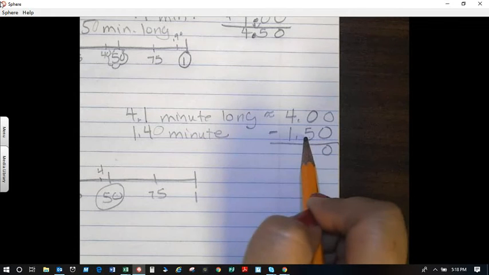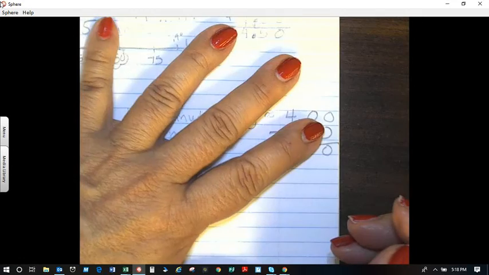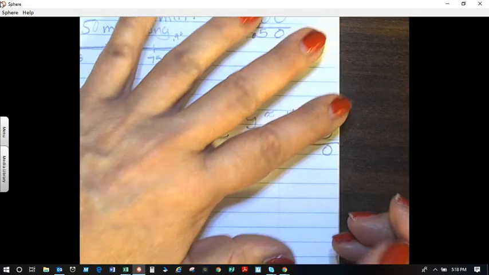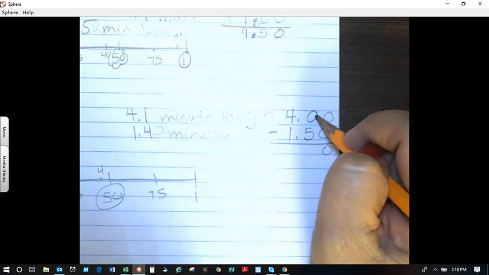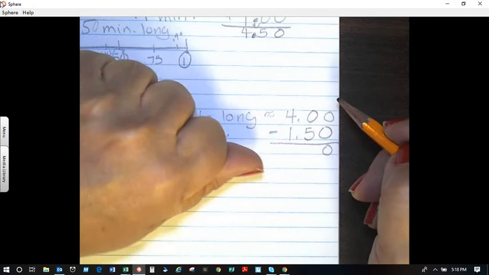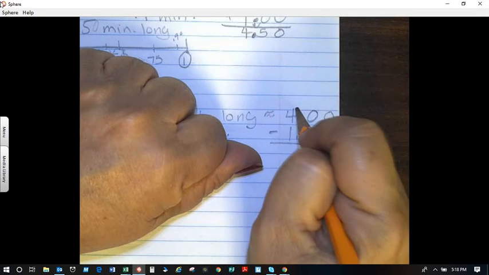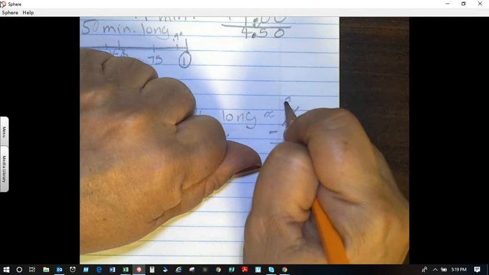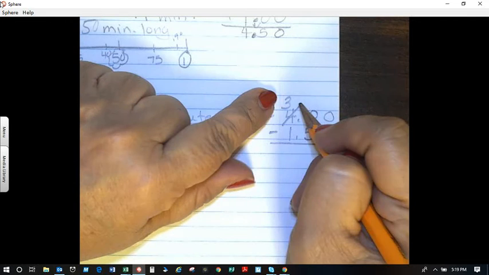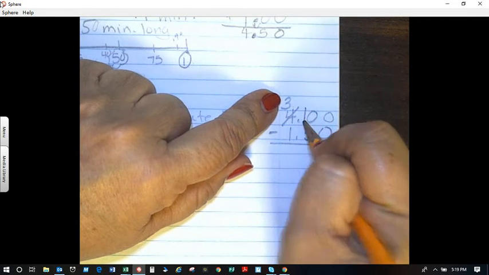Can I take 5 from 0? I want you to put out your hands for 5. So I have 5. Can I take 0? Put out your 0, because that's what it is. So sorry about that. Put out your hand. This is going to represent 0. Can you take 5 out of that? No. So you got to go next door and borrow and regroup. So I'm going to borrow 1s here, bring that over, and I have 10.